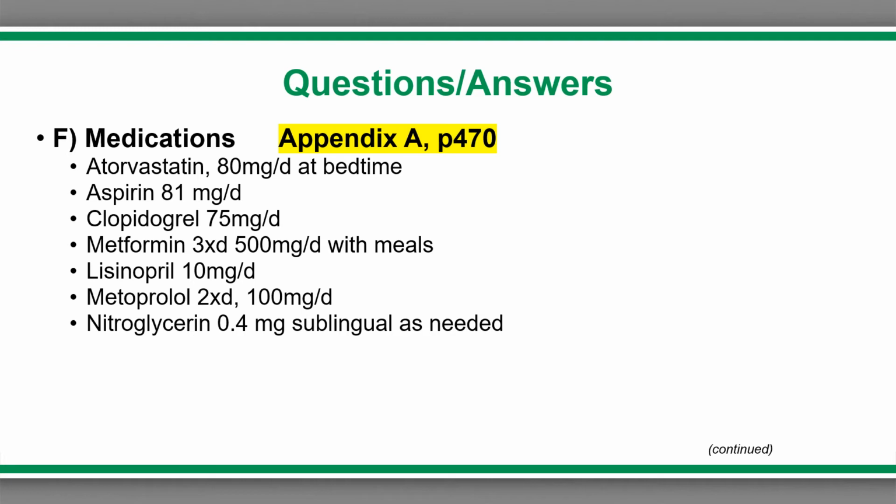So if you take a look at page 471, you'll see that cardiovascular medications are separated into types, into beta blockers, vasodilating agents in the next page, antiarrhythmics with different classes.